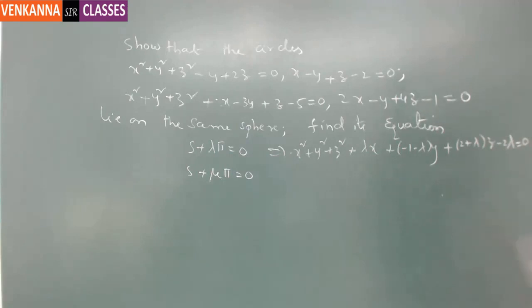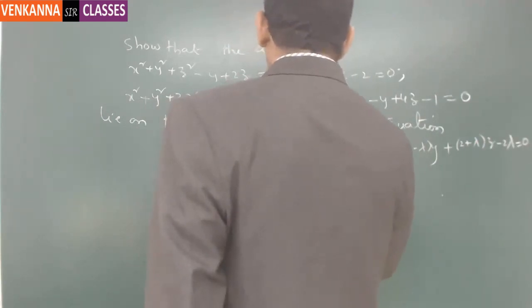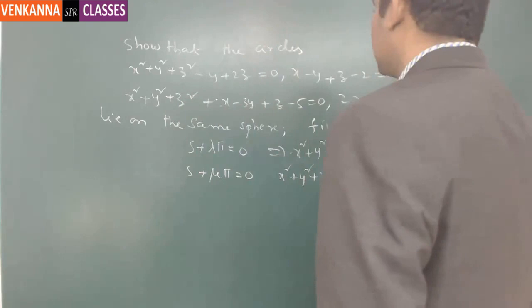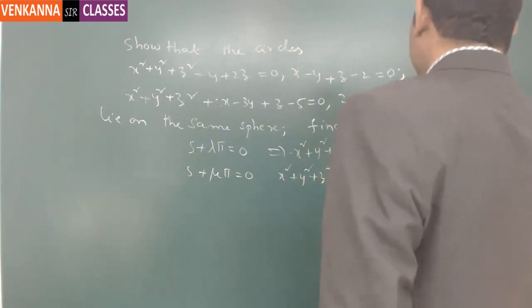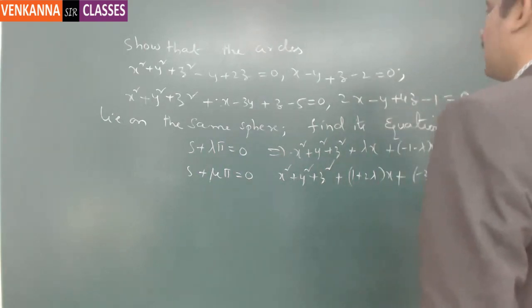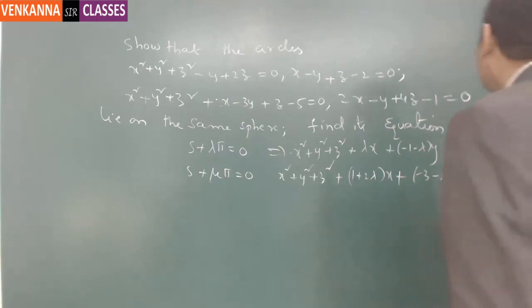This is the sphere passing through circle 1. If you take the second one, x square plus y square plus z square plus 1 plus 2 lambda into x plus minus 3 minus lambda into y plus 1 plus 4 lambda into z minus 5 minus lambda equal to 0.